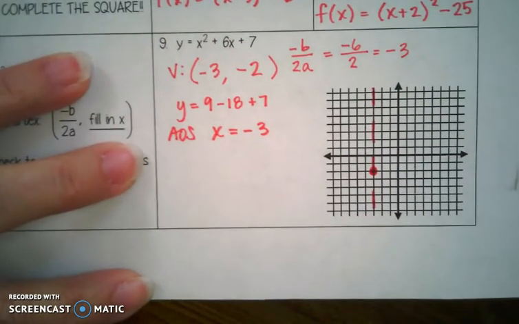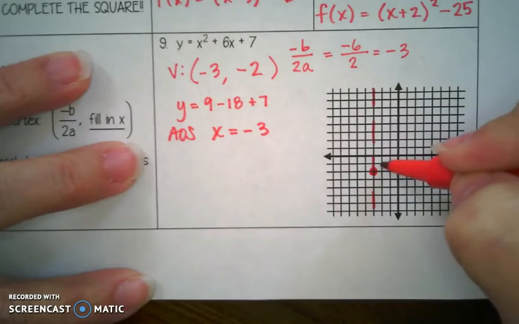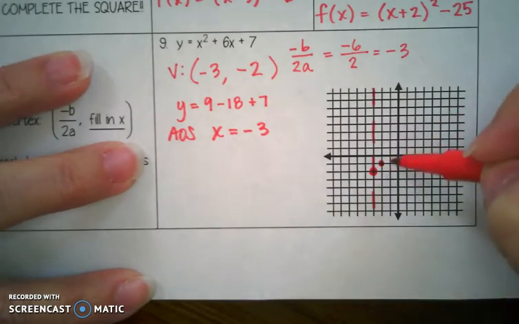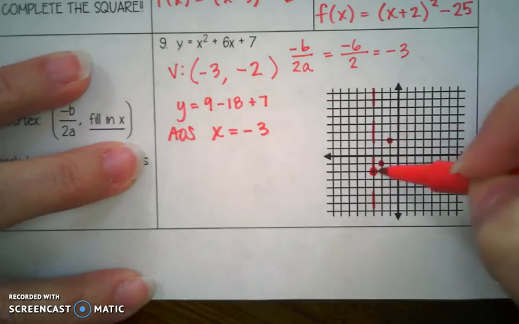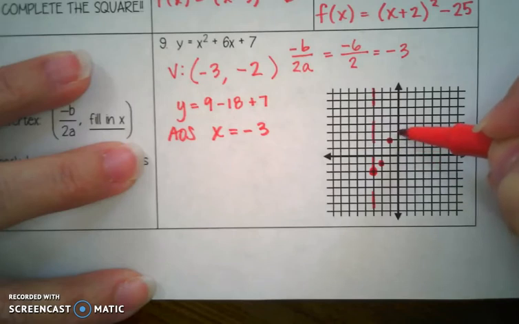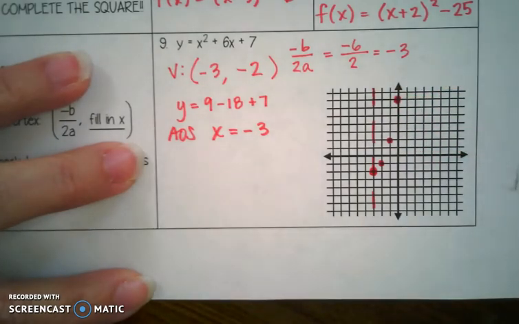So remember that what we're doing is basically just moving over and squaring to go up. So we go over 1, we go up 1, and we can put a point. If we go over 2, we square that, we go up 4. If we go over 3, that means we're going to go up 9. And that looks like that's all that we can do for this parabola.